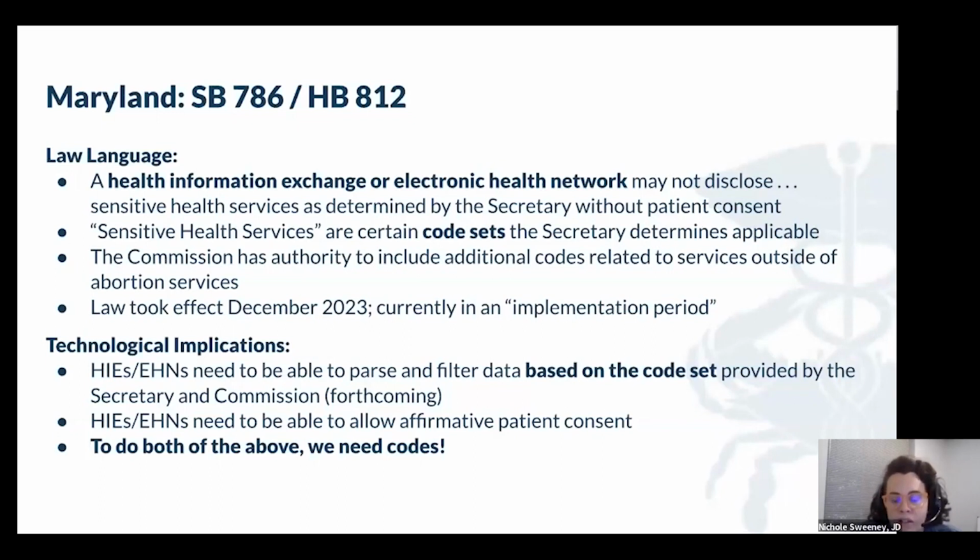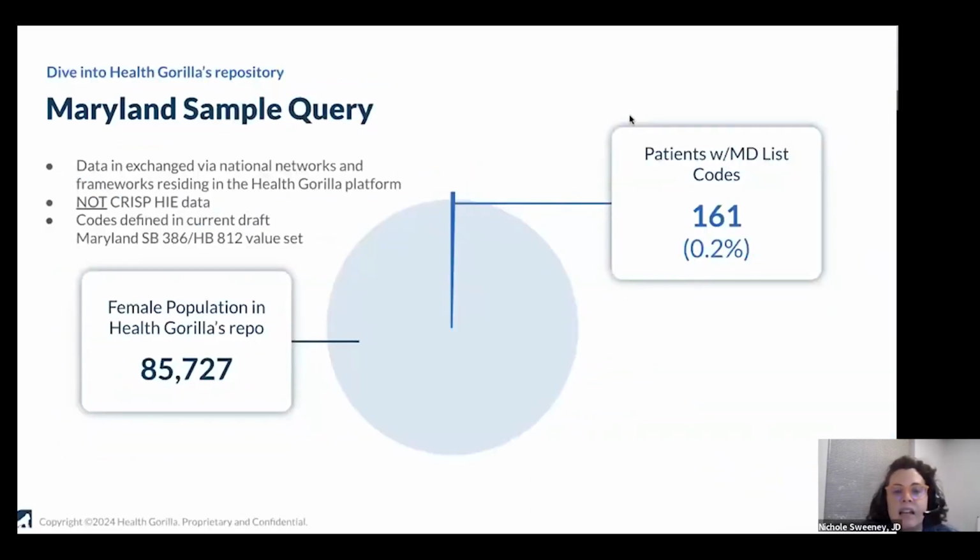The presumption is that they're not shared unless the patients consent. But again, it's all based on code sets and not only HIEs and providers understanding what codes are going to be within that code set, but also patients for purposes of consent. It's a very brief overview of the Maryland law, but hopefully you understand a little bit more of why those codes are so important. So then on to the next slide.